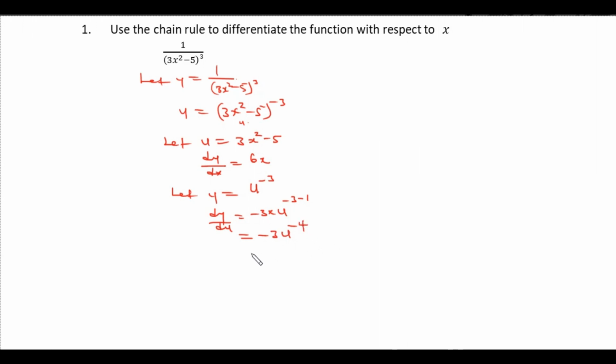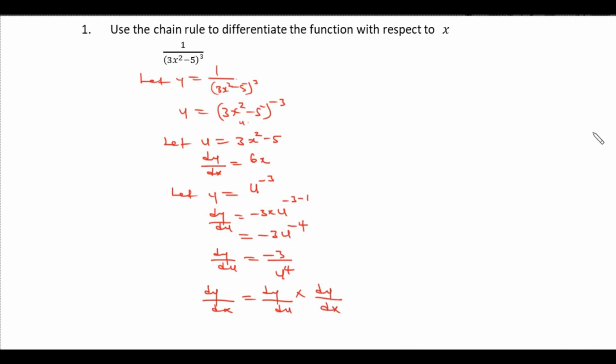So you can simply write this as dy/du equals minus 3, bring the power down, and this becomes positive u raised to the power 4. So we now apply our chain rule formula, which says dy/dx equals dy/du times du/dx.